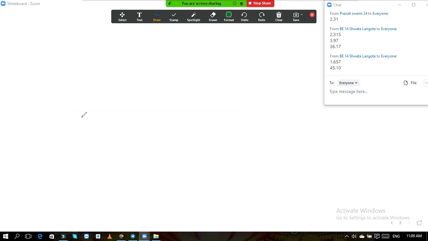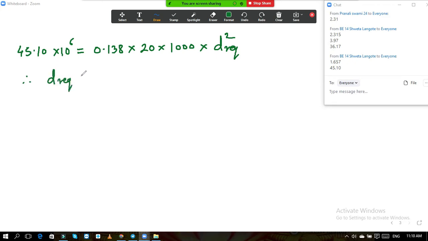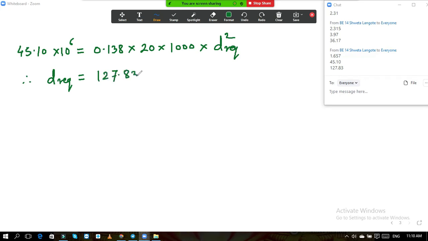Further, if we simplify it, 45.10 into 10 to the power 6 is equal to 0.138 into your fck, which is 20, into b, which is 1000, and here it is d required square. Therefore d required is 127.83 mm.